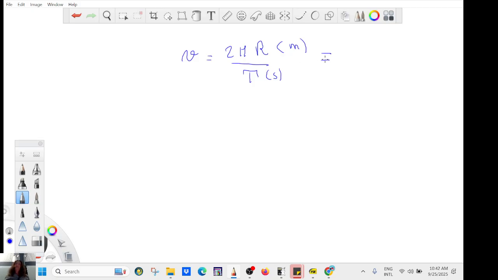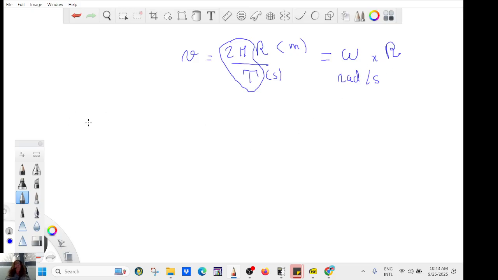And you can write that as this quantity here, which is called omega. So it's how fast it's spinning. It's the rotational speed. So it's like revolutions per second, for example, except that it's going to be in rad per second, times r.